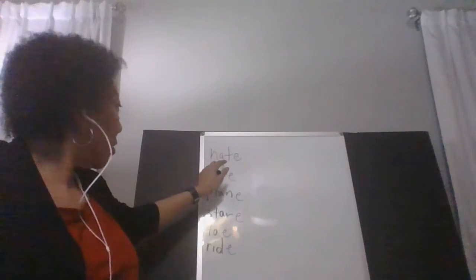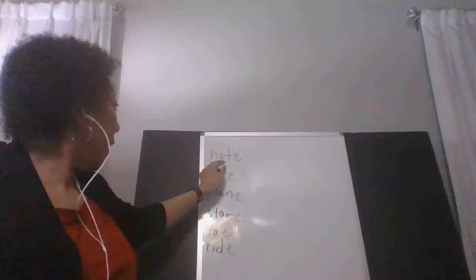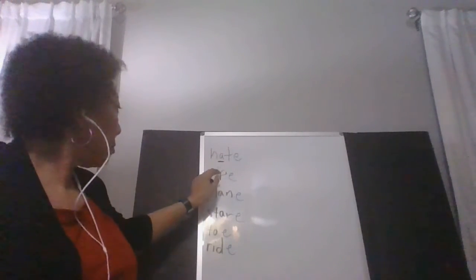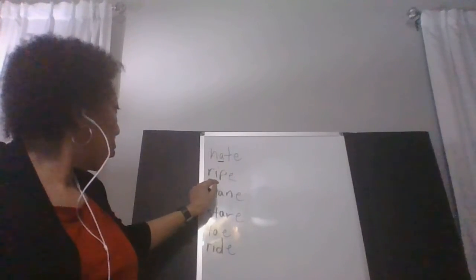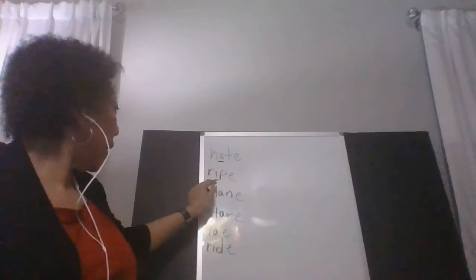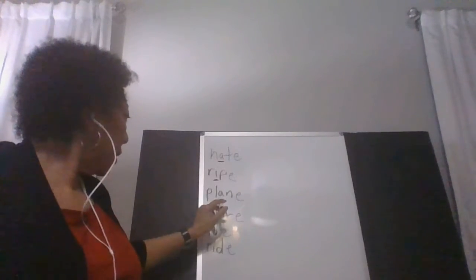So again, in the word hate, you hear that long A. So it went from a short A to a long A. The word ripe, you hear the long I. The vowel is long now.